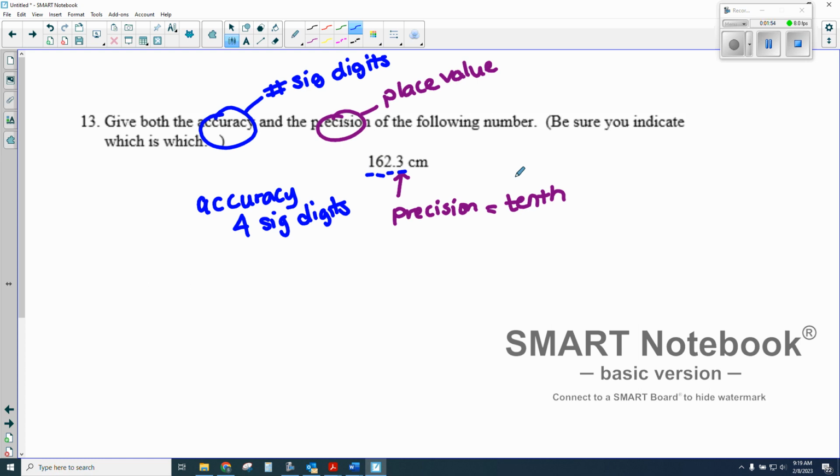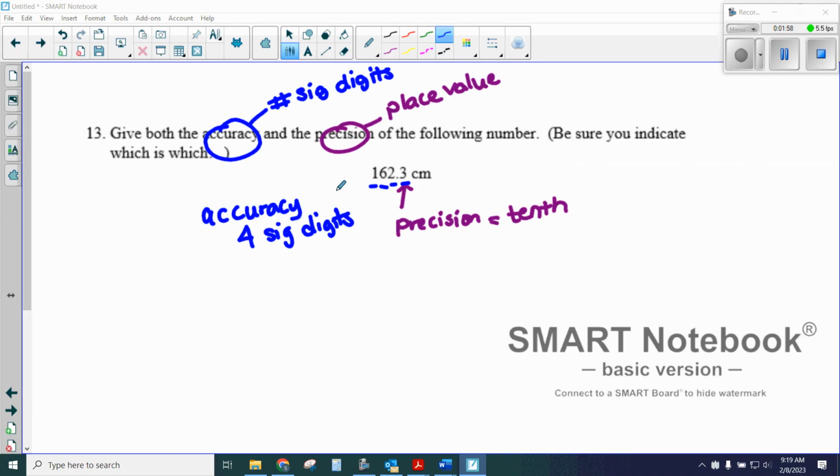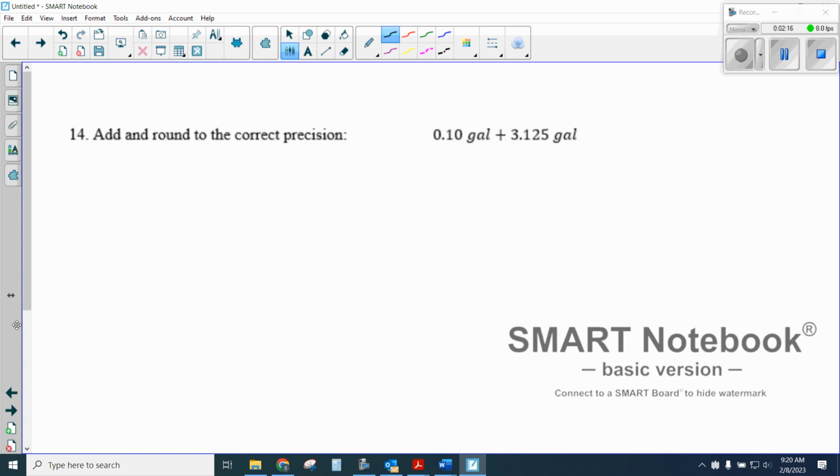I don't know if it's doing that to you or not, but I can't get to my stop button. Okay, I think I got it fixed. So the accuracy of this number is four significant digits, and the precision is that it's precise to the nearest tenth. Go back and read in your textbook about when we're adding and subtracting and when we're multiplying and dividing.